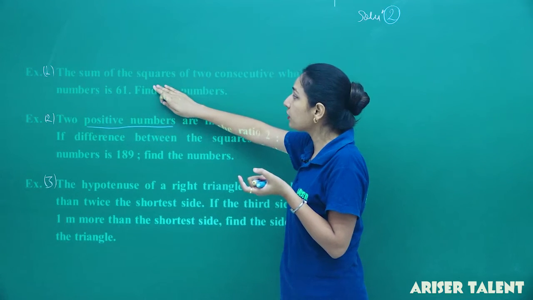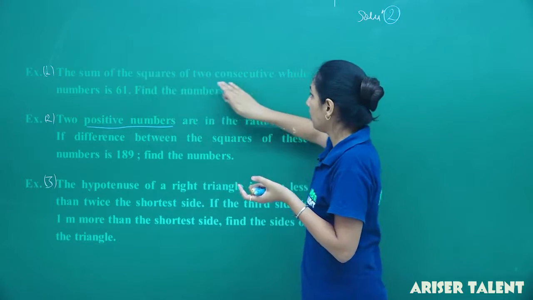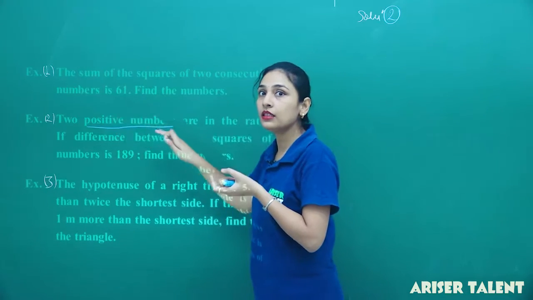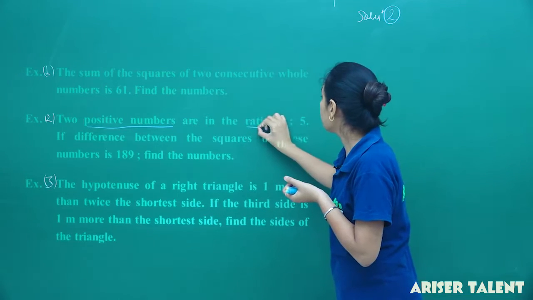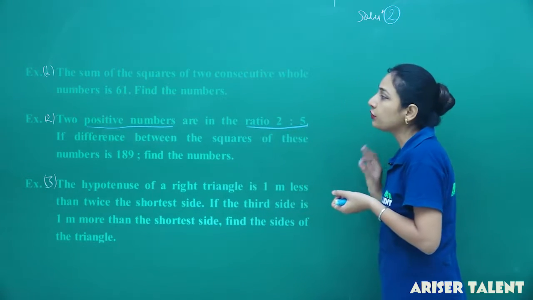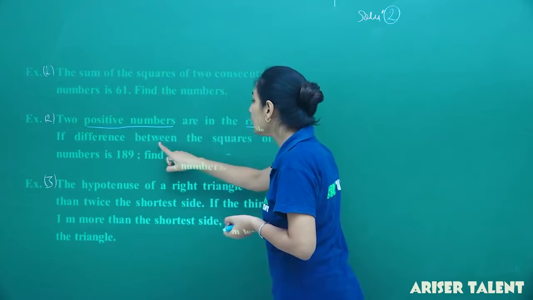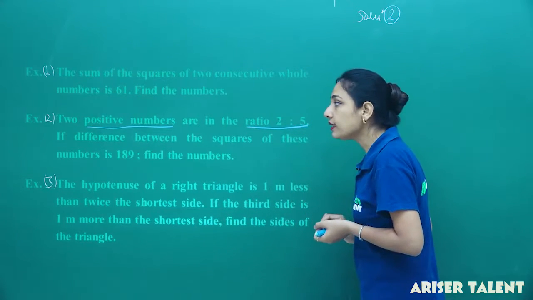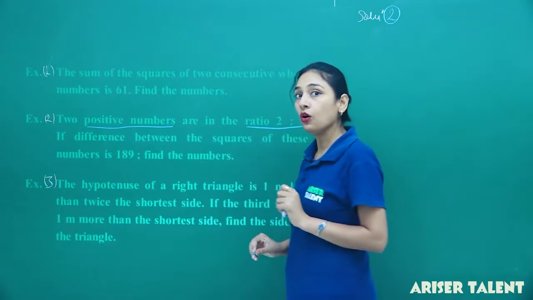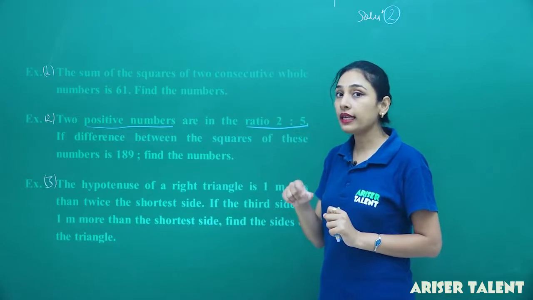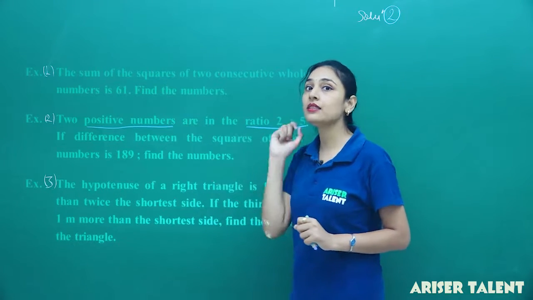In the previous statement, that was consecutive whole numbers. In this statement, these are positive numbers and the ratio is important. Ratio is 2:5. Now, it's given that the difference between the squares of these numbers is 189. Now, find the numbers. What I've told you, you find things as x.